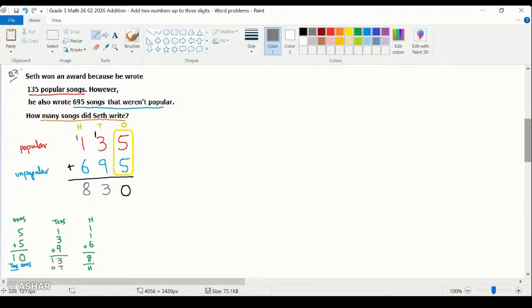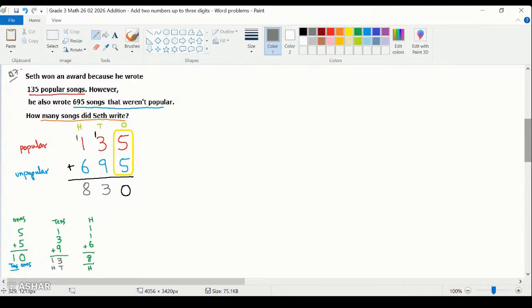Semi, can we confirm? 135 plus 695 should be equal to 830.